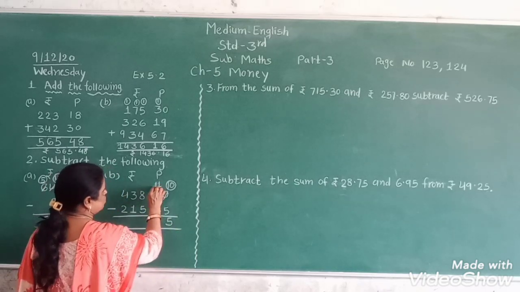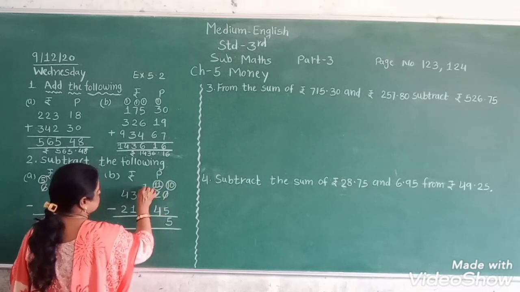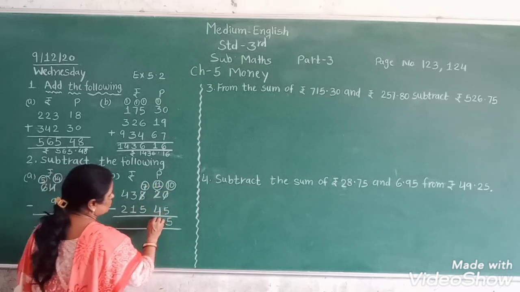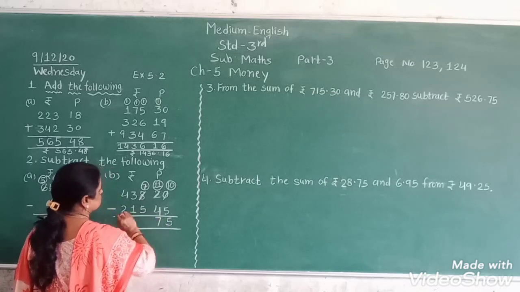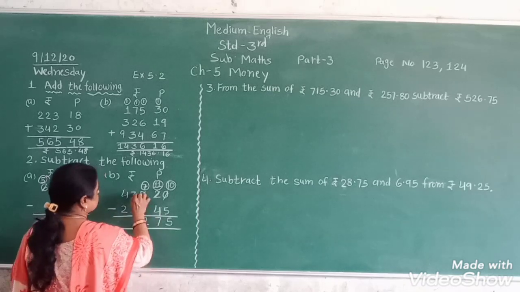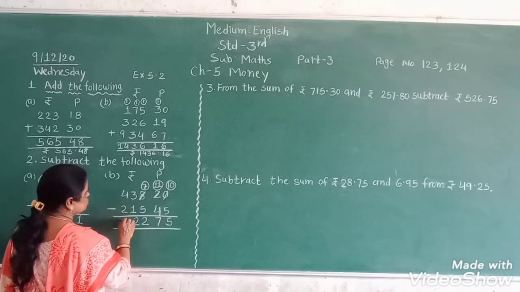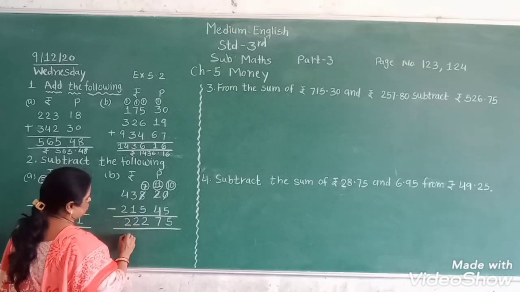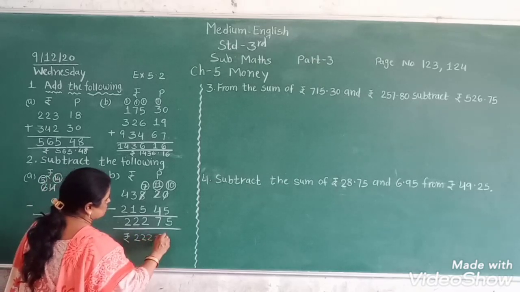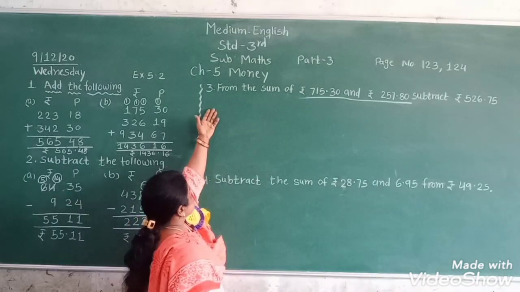So again we take borrow. Here 7. Now 11 minus 4, 7. 7 minus 5, 2. 3 minus 1, 2. 4 minus 2, 2. So rupees 222 and 75 paise.